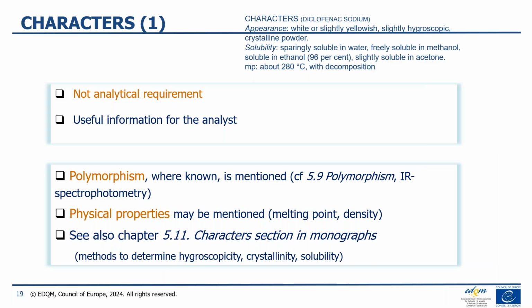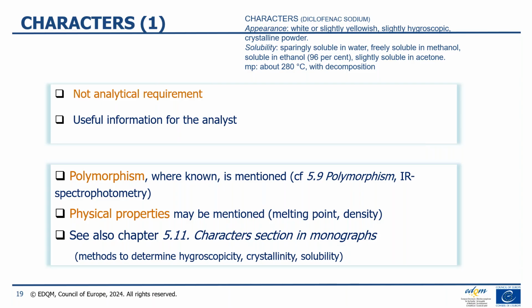A few words about the characters section. This is only informative and is not an analytical requirement. However, this section contains useful information for the analysts with respect to the appearance of the substance, the solubility, or some physical properties, such as melting point or density. This is the section where you can find information on the existence of polymorphism, if known.